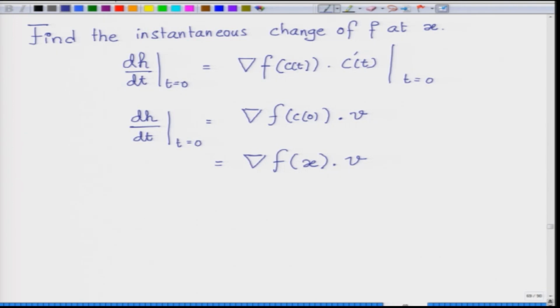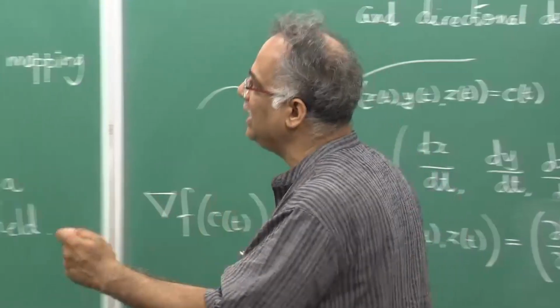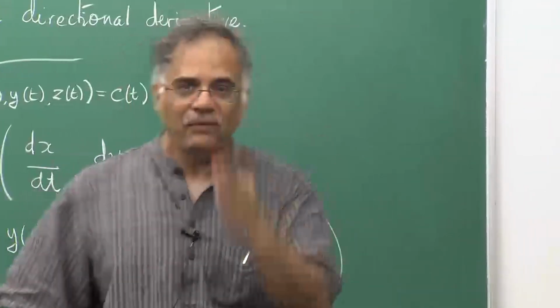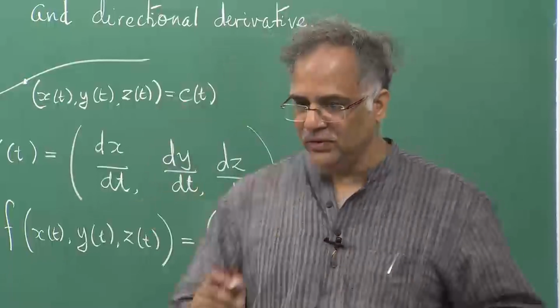This rate of change is often called the directional derivative of f in the direction v. So, it is the rate of change of f at the point x in the direction v. So, what is this?